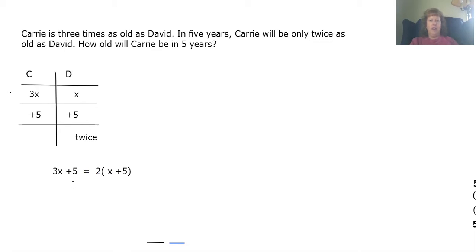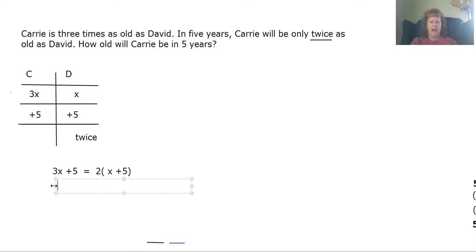I don't know if that will help you, but it really helps me not to come back later and see a 2 there and think, oh, do I add this 2 or subtract this 2? When I write out the word, it always reminds me that, oh, I'm going to use that 2 and multiply with parentheses.